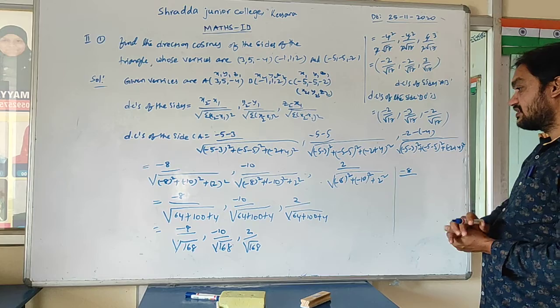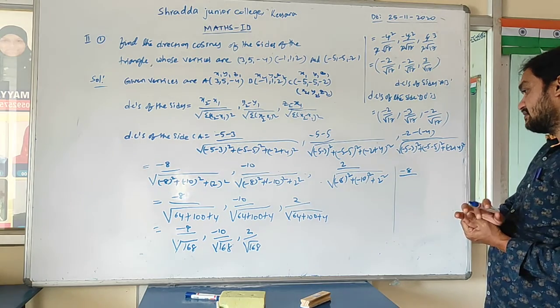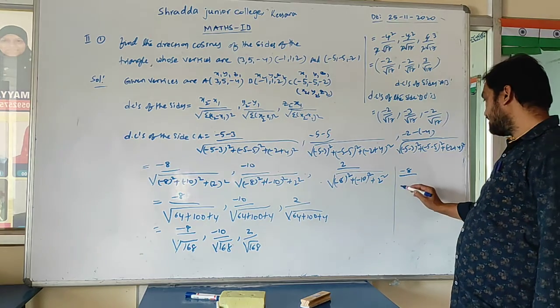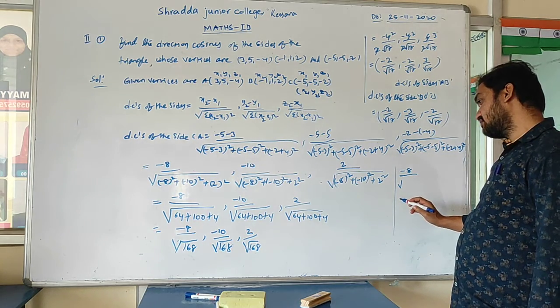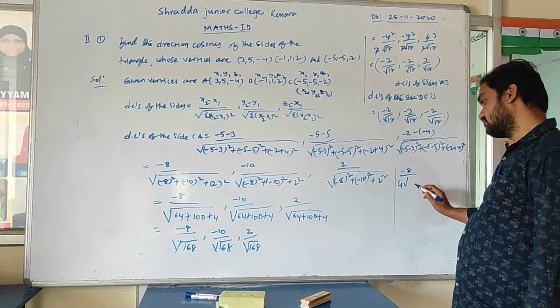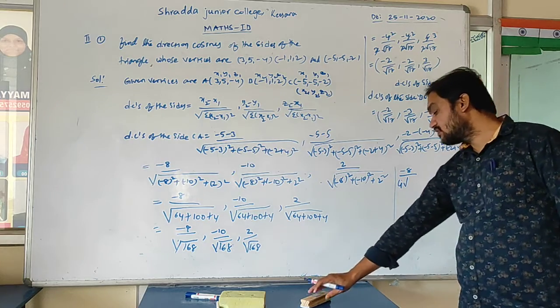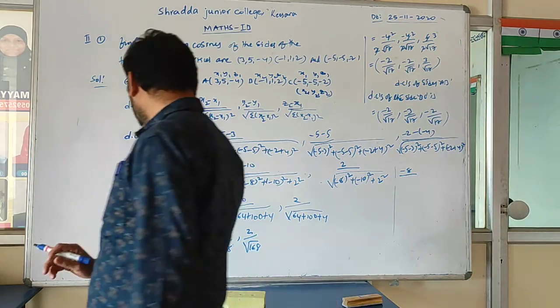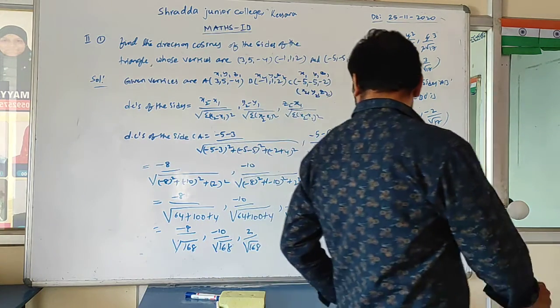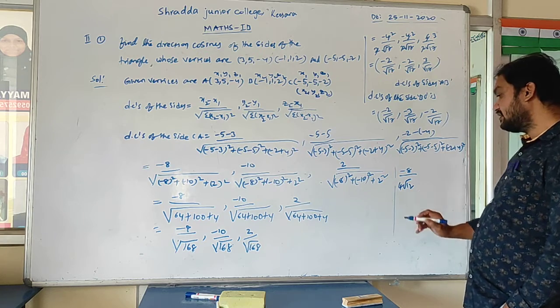Minus 8 by root 168, we can write this as minus 8 by 4 root 42.